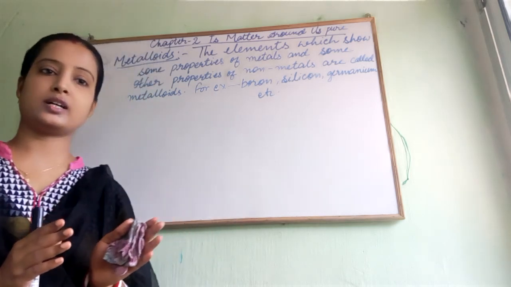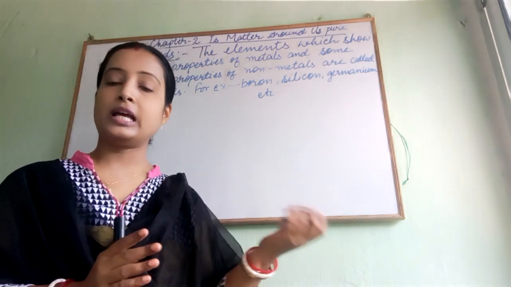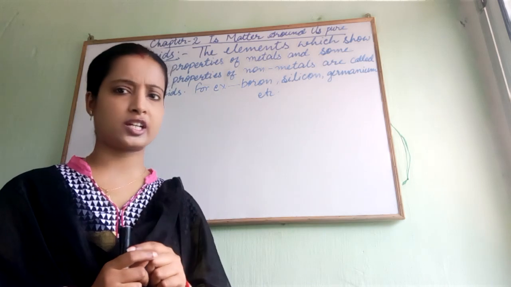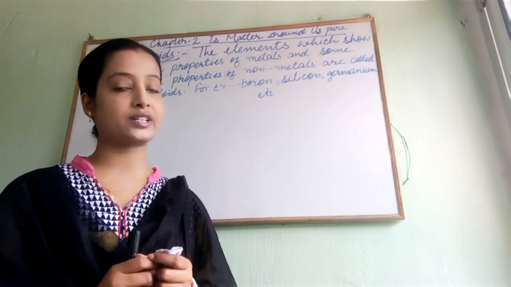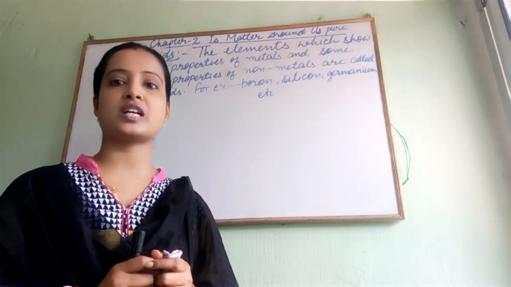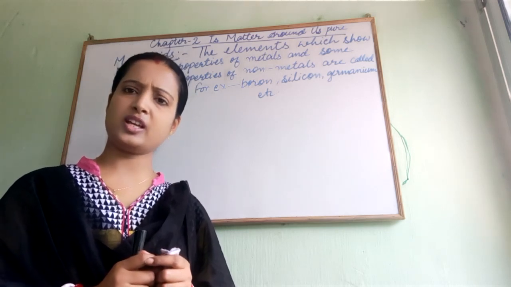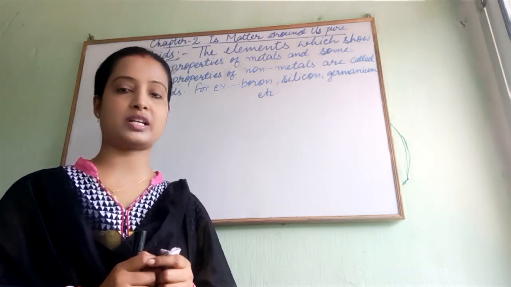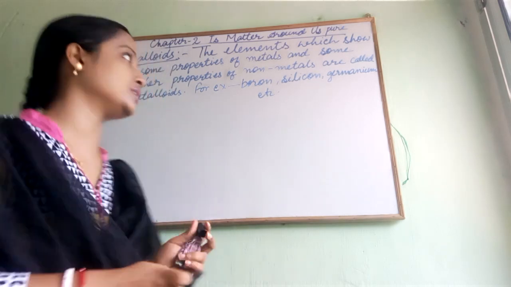They look like a metal but they are brittle like a non-metal. They are neither a conductor like a metal nor a non-conductor like a non-metal. Instead, they are semiconductors. They allow heat and electricity in a very small amount. Okay, they are semiconductors, and these metalloids are also called semi-metals.